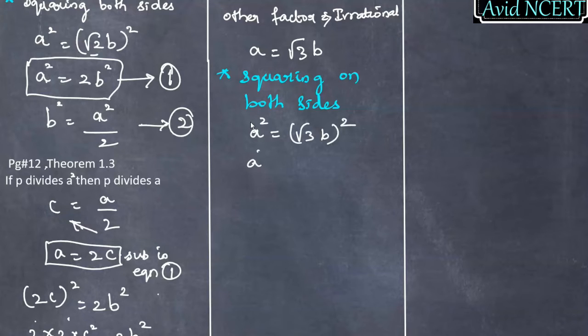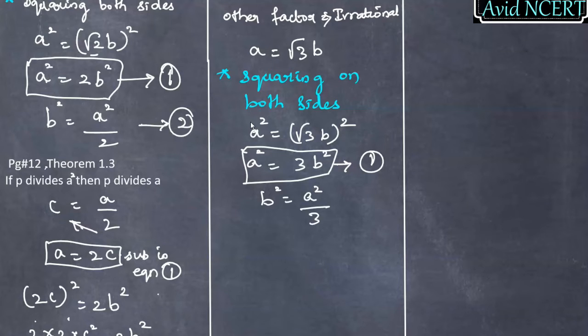So a square equals root 3 into root 3, which is 3, and b square. So this is the first equation. And from this we are going to find b square. So b square equals a square by 3. This 3 comes down here. So let this be the second equation.